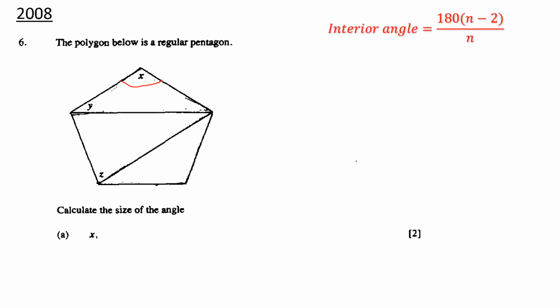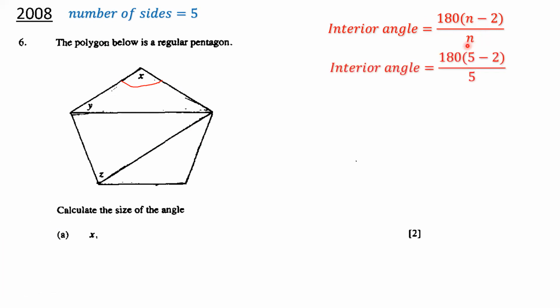And so in order to find angle x as an interior angle, we need to use this formula. The formula tells us that in order to find the interior angle, we need to determine n. Now, n is going to be equal to 5 because n is the number of sides. And so we need to do 180 multiplied by n minus 2 all over n. The first thing we want to do is substitute for n. So wherever we see n, we put 5. So we put 5 here, put 5 here. And then we say 5 minus 2.